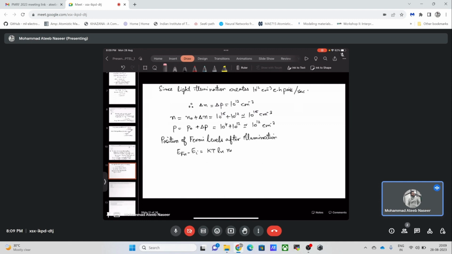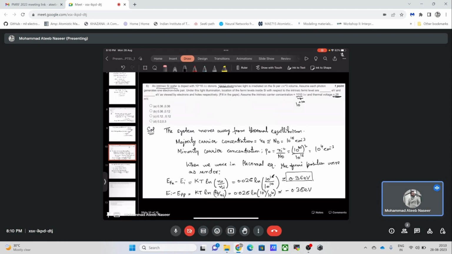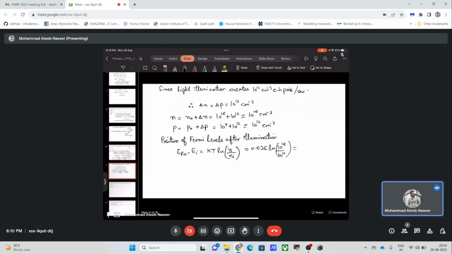This is not n naught, this is n, which is approximately equal to n naught. So it is 0.026 ln of 10 to the power of 16 by 10 to the power of 10, which was the value we got previously. This is 0.36, so it is approximately simply equal to 0.36.